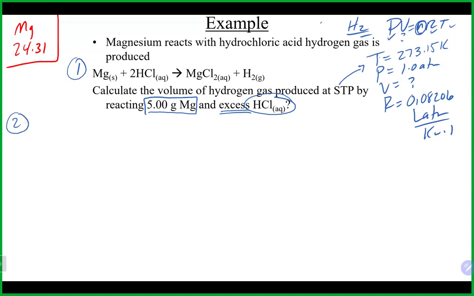We will then convert into moles. So we'll take our 5 grams of magnesium using the molar mass from the periodic table, 24.31 grams per mole of magnesium. And if you got an answer at this point, we'll call it 0.2057.